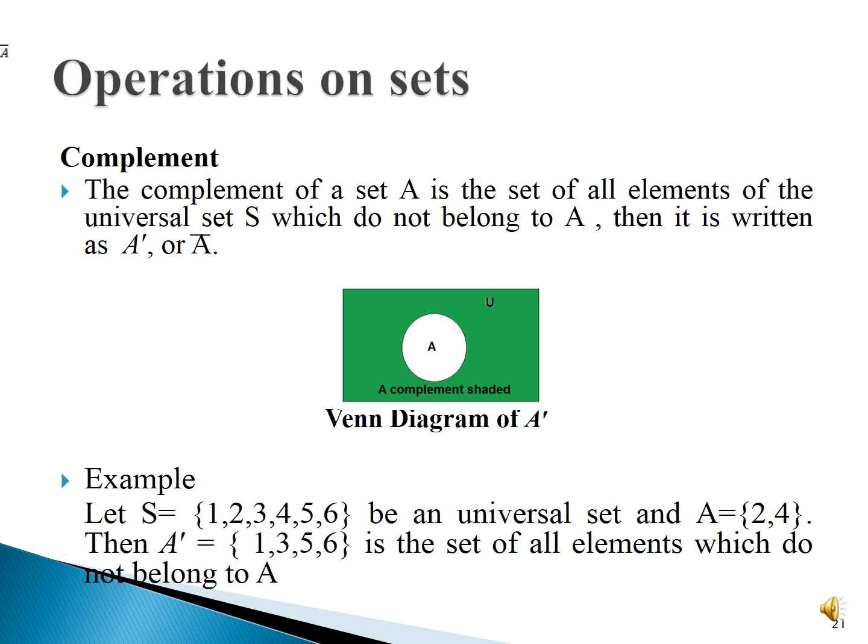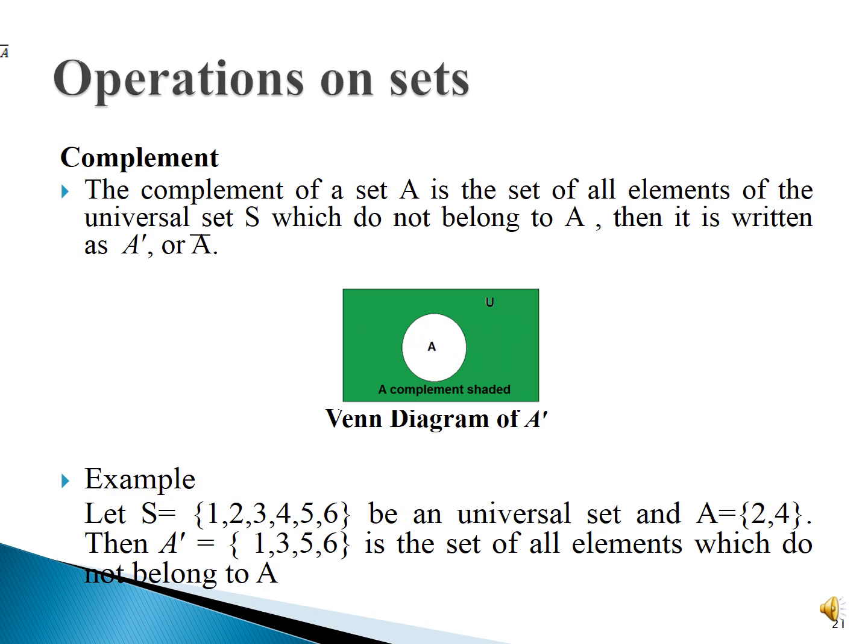S is a set which contains the elements 1, 2, 3, 4, 5, 6. It is a universal set. And A is another set which contains 2 and 4. Therefore, the A complement will be 1, 3, 5, 6, because we know that the A complement will contain the elements which do not belong to A but belong to the universal set.